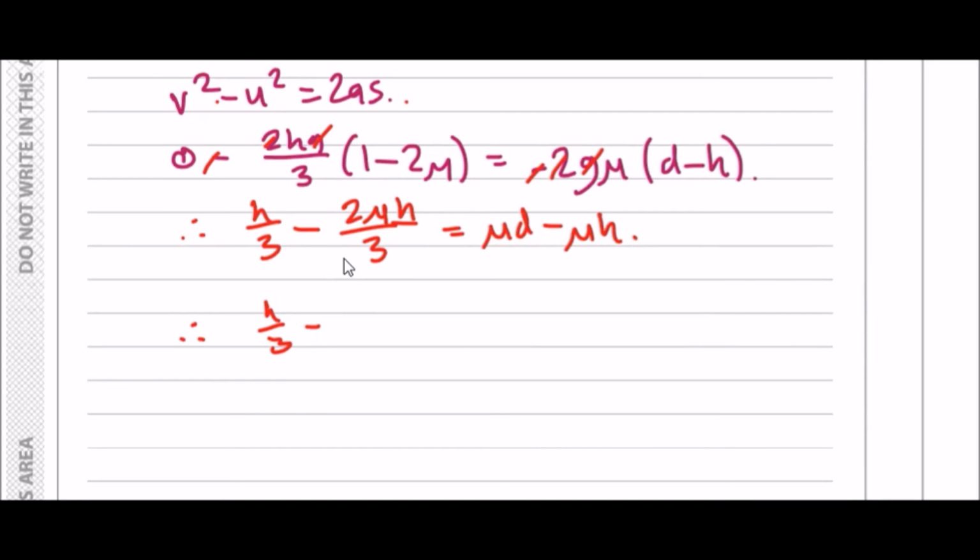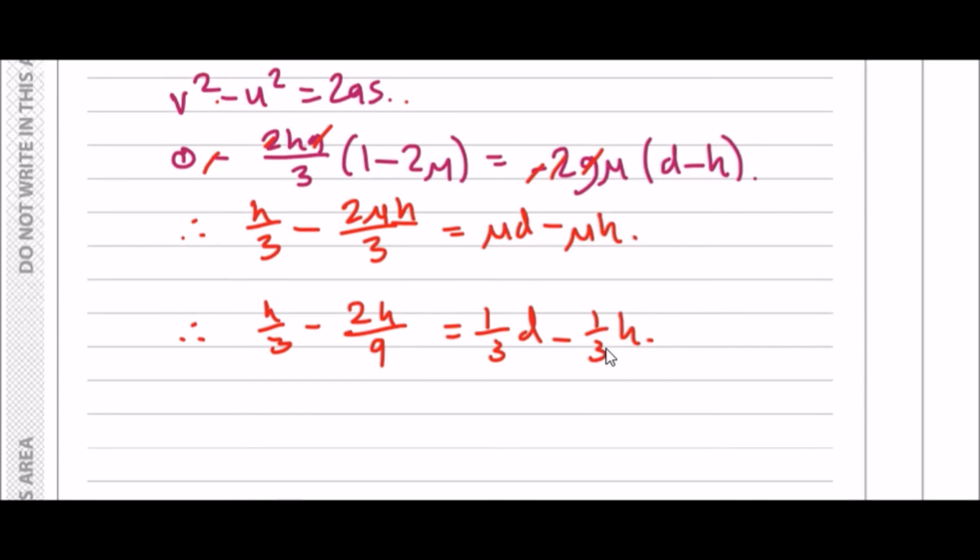So all that becomes 2h over 9 equals 1/3 of d minus 1/3 of h. Now collecting like terms for h, we're going to have 1/3 minus 2/9 plus 1/3. Bear with me a second, I'm writing all this down.